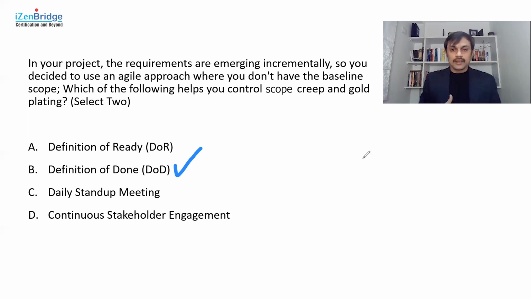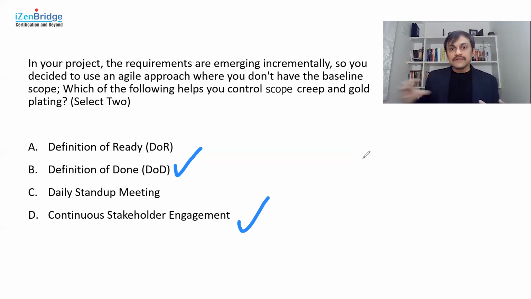Daily stand-up meeting, it helps in collaboration. It brings transparency. You may end up discussing some scope related things if they are going haywire, but not necessarily directly contributing to controlling scope or gold plating. Whereas D, the continuous stakeholder engagement, definitely takes care of gold plating and scope creep. It is not like we take the requirement once and only after a pretty long time we come back and show the things.